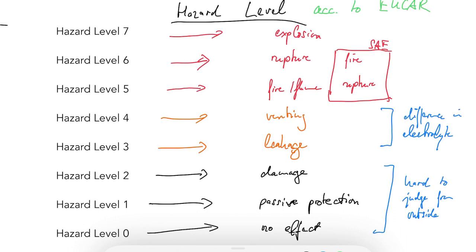One thing that you immediately think of when you go through these numbers is that it is some kind of process, one step after the other. And that is important: that must not be the case. It is some kind of ranking. Normally, of course, you first have nothing and then you have a more and more heavy reaction. And to be honest, the higher the number, the heavier the reaction is as well. But it doesn't mean that to get to hazard level 6, you need to go through all these steps from 0 to 5 before.